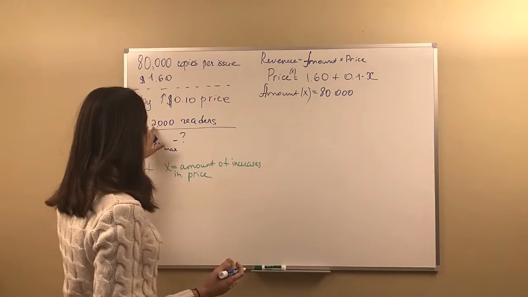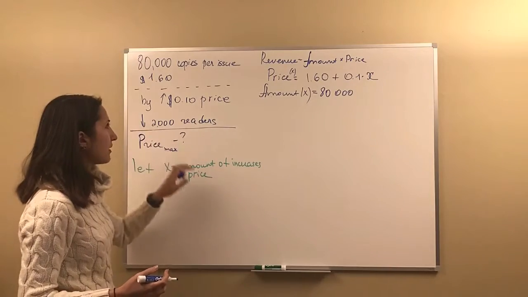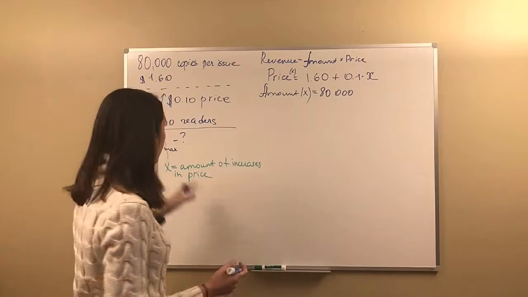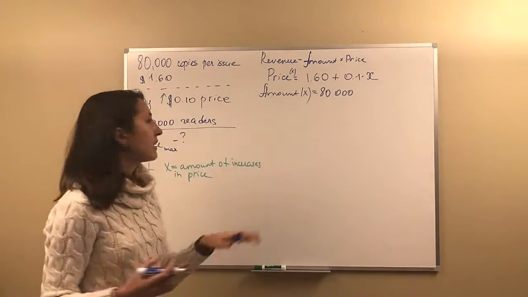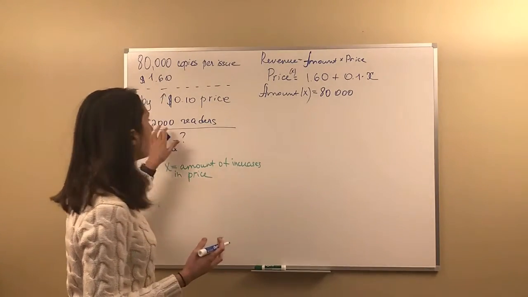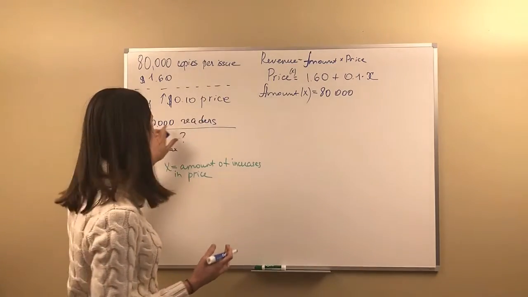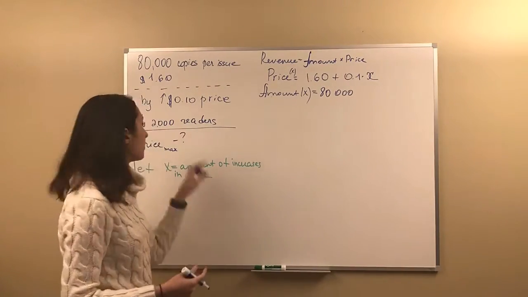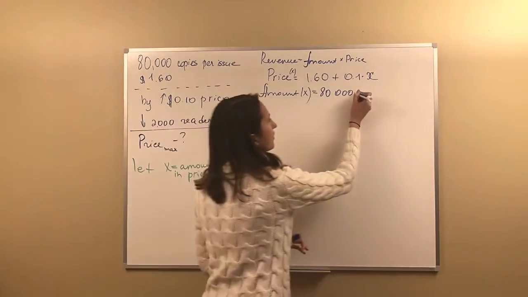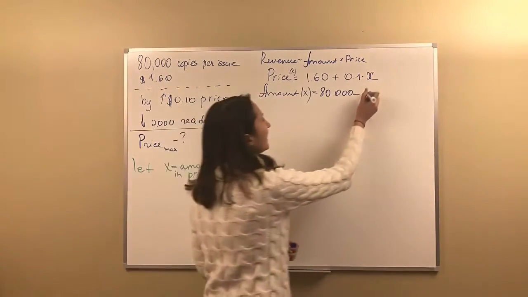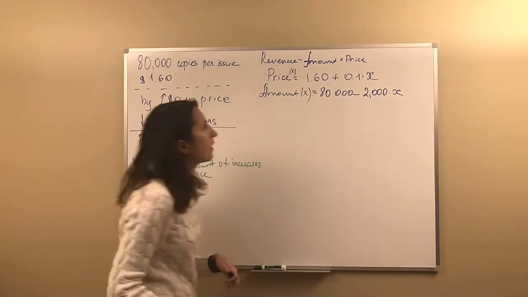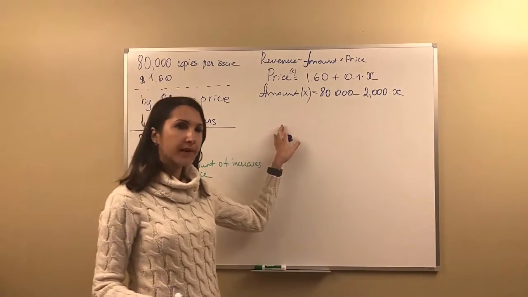We know that it will be decreasing by 2,000 with every 10 cents of increase in price. So if we increase it by 10 cents, we're losing 2,000. If we increase by 20 cents, it would be 4,000. So again, every increase, which is X, will be losing 2,000 readers. Losing means minus 2,000 times X. I hope that's clear enough at this point.